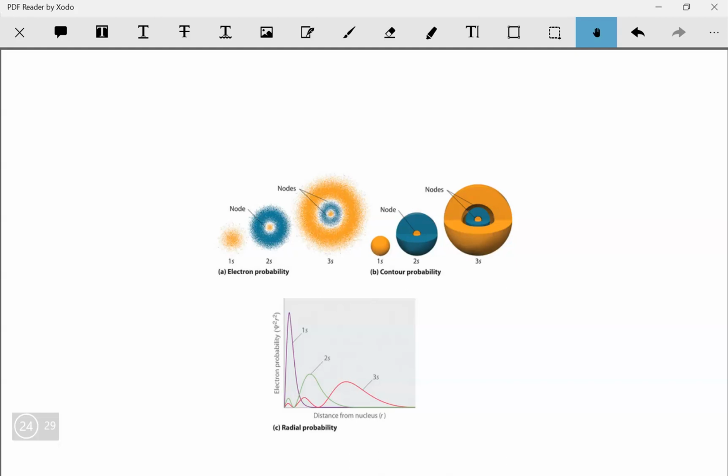It's literally a mathematical function that defines the space in which the electron is most likely to be found, right? It's not a fixed container. It's not that the electron is in here. It's just a function that describes a probability density function.